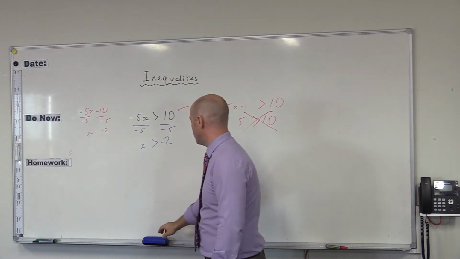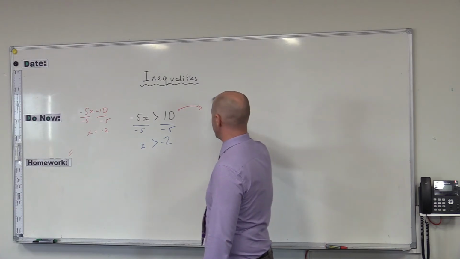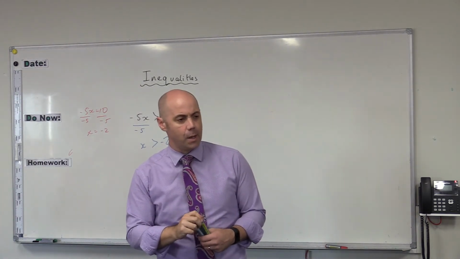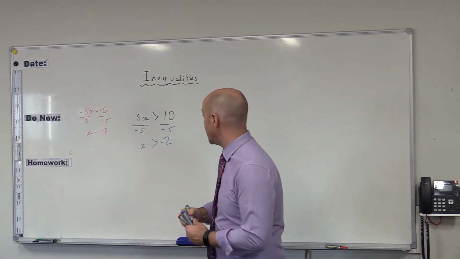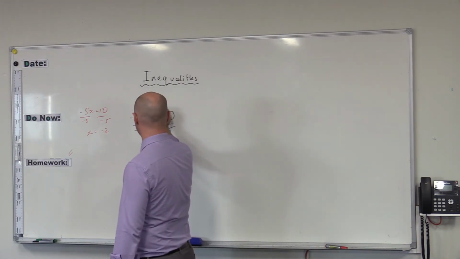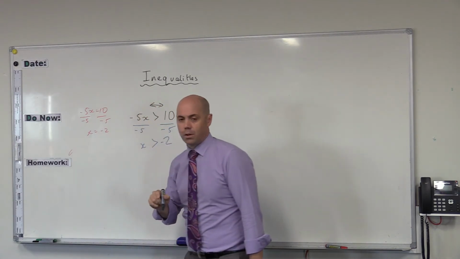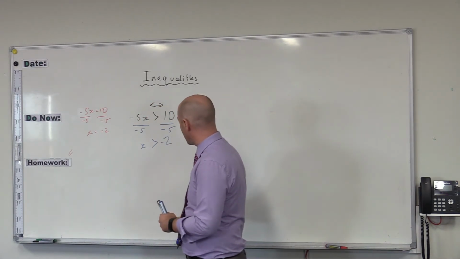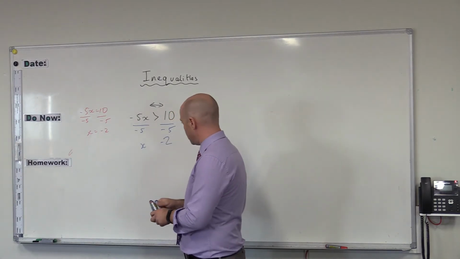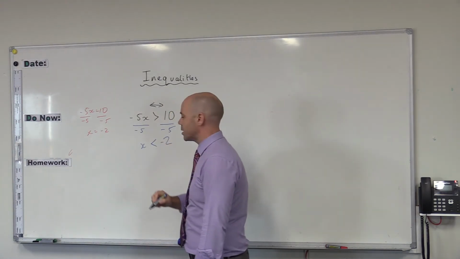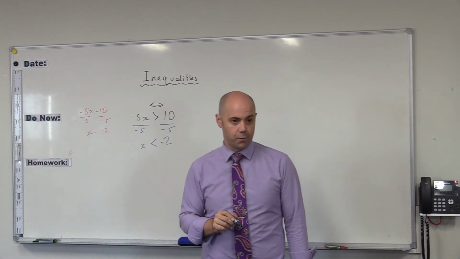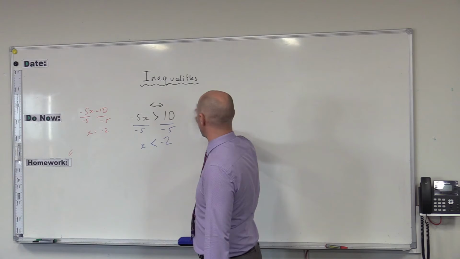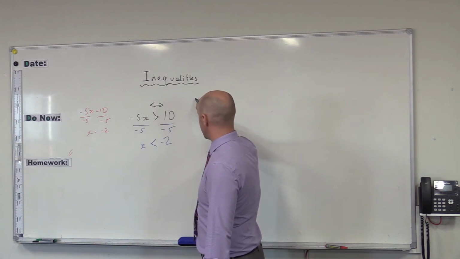Okay? And so, one of the rules that we need to be aware of when we are dividing or multiplying by a negative number in inequations is we change the direction of the inequality sign in the middle. So at this point here, we actually turn this around and we go this way. X is less than negative 2. That's a really important step, and it's the one thing that you really need to be aware of through this lesson today.